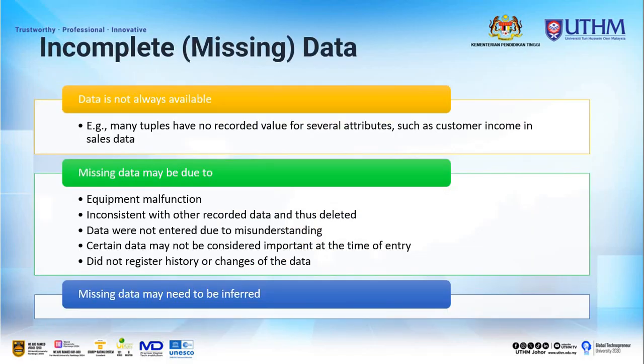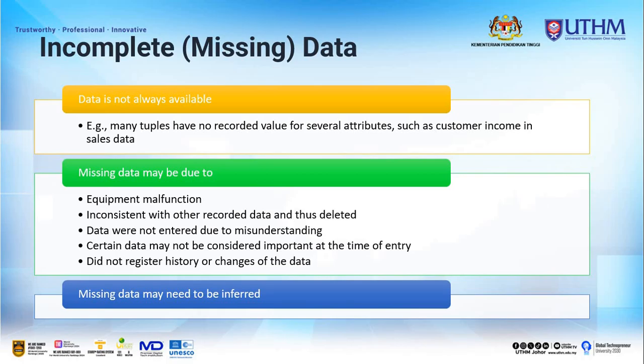Next, incomplete data or missing data. Incomplete or missing data occurs when some values are not recorded or lost. For example, a customer's age might be missing in a survey, or temperature logs might show blanks during sensor failure.